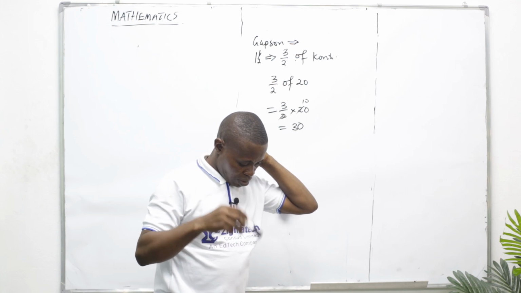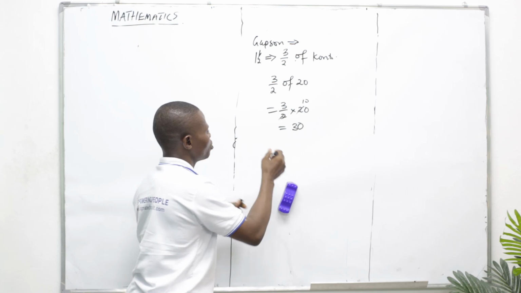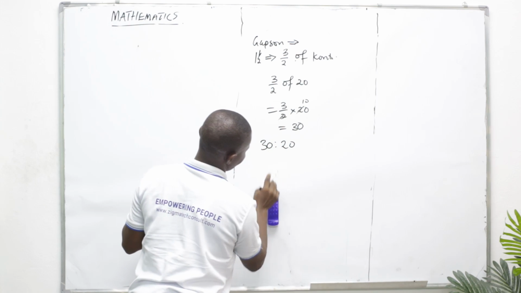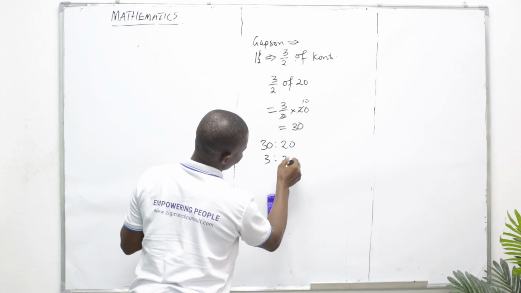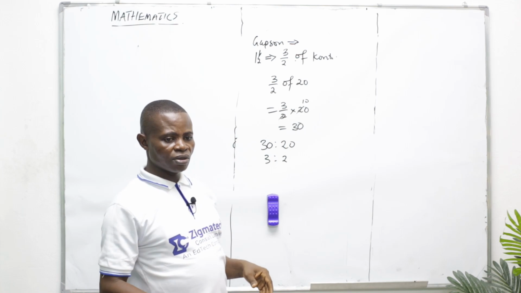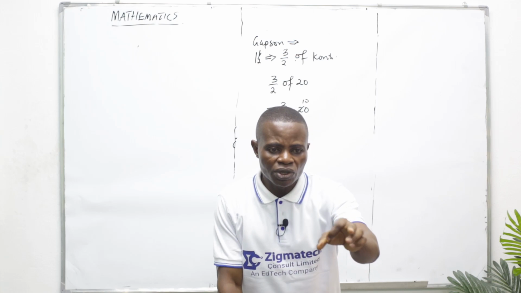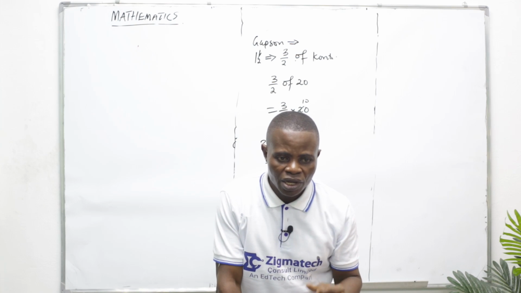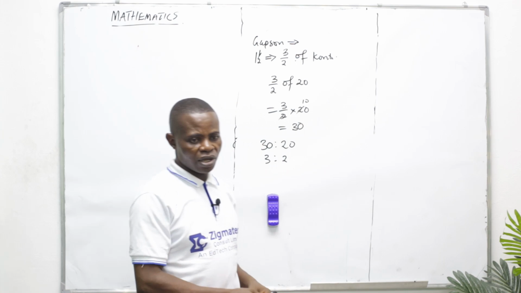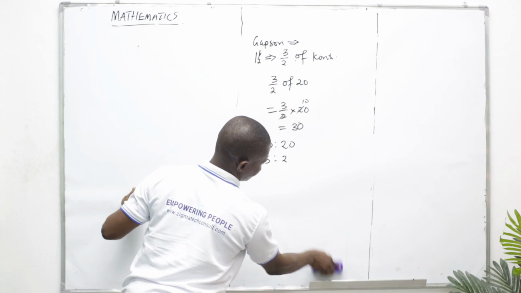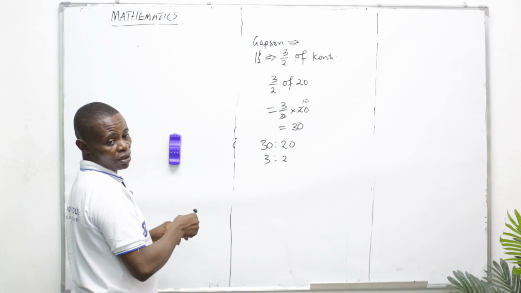Now, the ratio of the ages will go this way: 30 ratio 20, that is 3 ratio 2. Okay. Now, if Contour receives this amount, 200,000 LE.